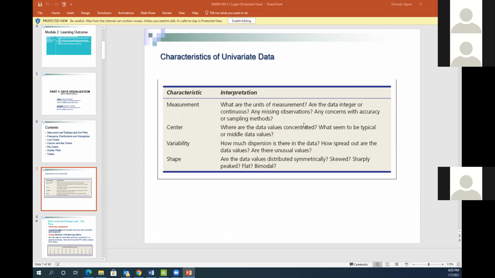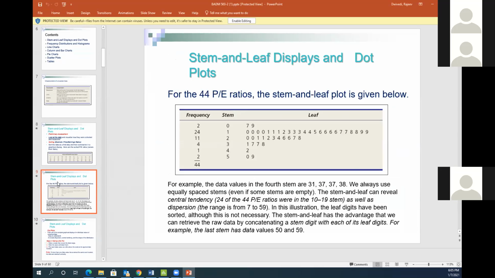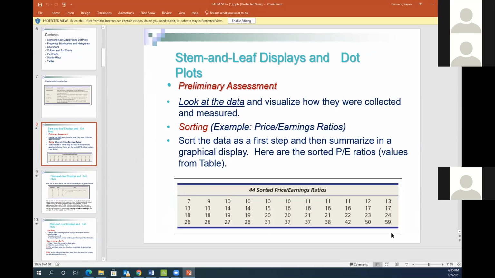Therefore, we have this. Now after this, the very first thing is the stem and leaf that we have studied in our school days, like kindergarten or middle school. What is the stem and leaf? So the front number is the stem and then the leaf. For example, this is all the data, price versus price earning ratios.